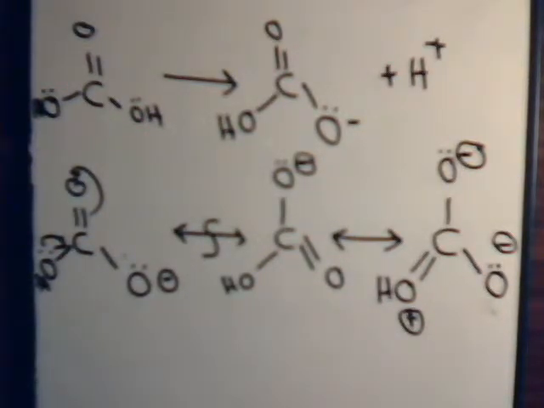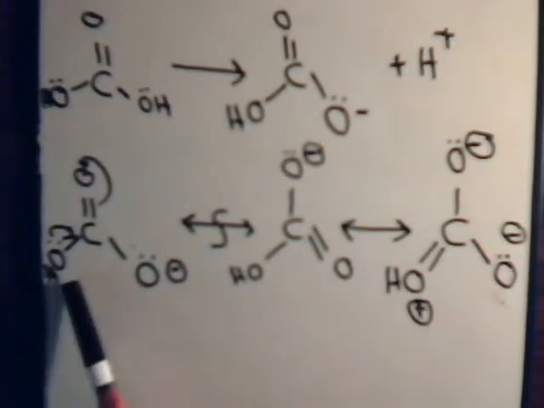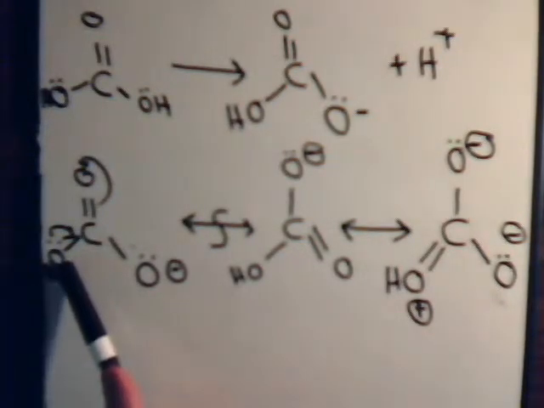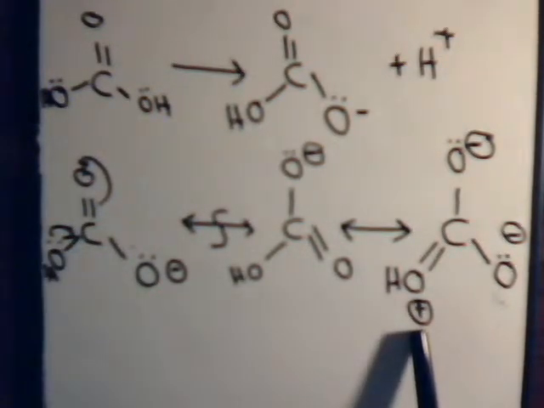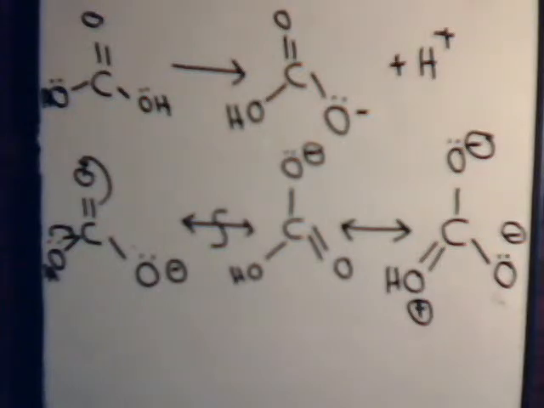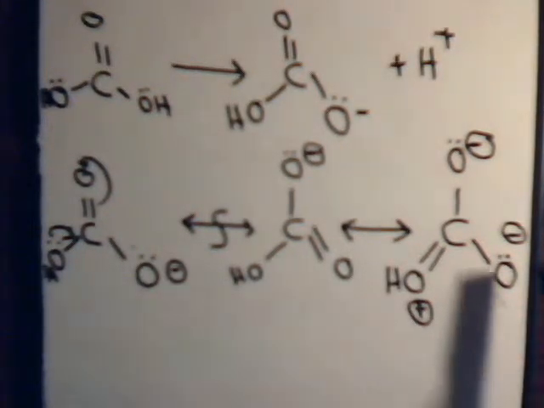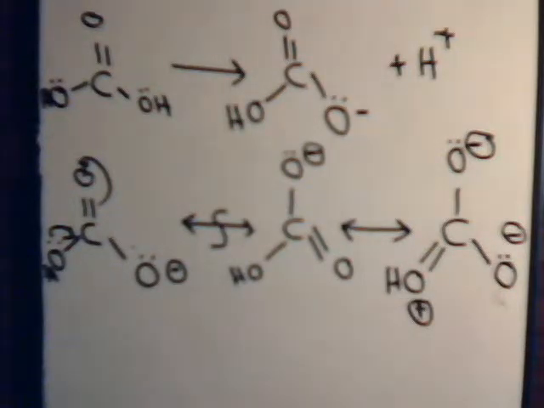Now here, this was neutral. It donated the electron pair, so now it has a positive charge. And these are the same. So now notice that in this canonical structure, we have separation of charges, and the electronegative oxygen has a positive charge on it. Again, it's permissible, but not desirable.